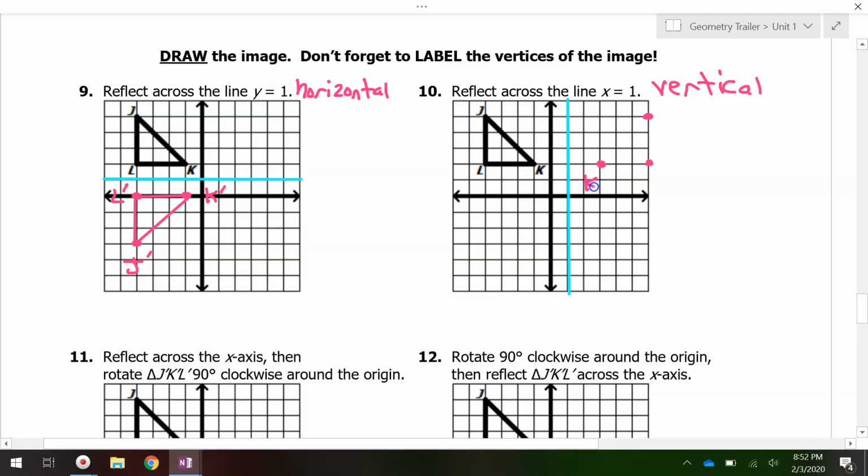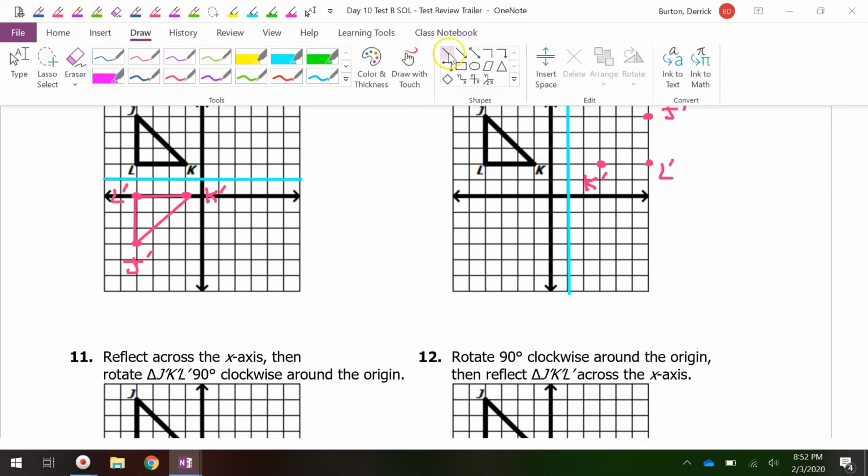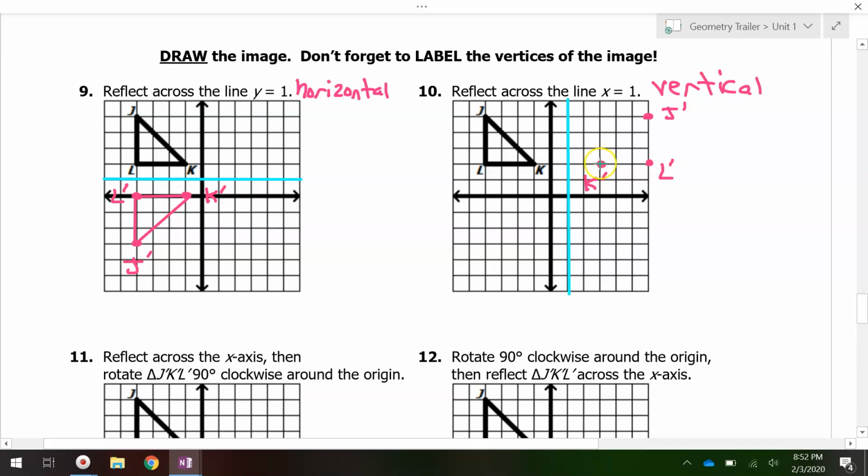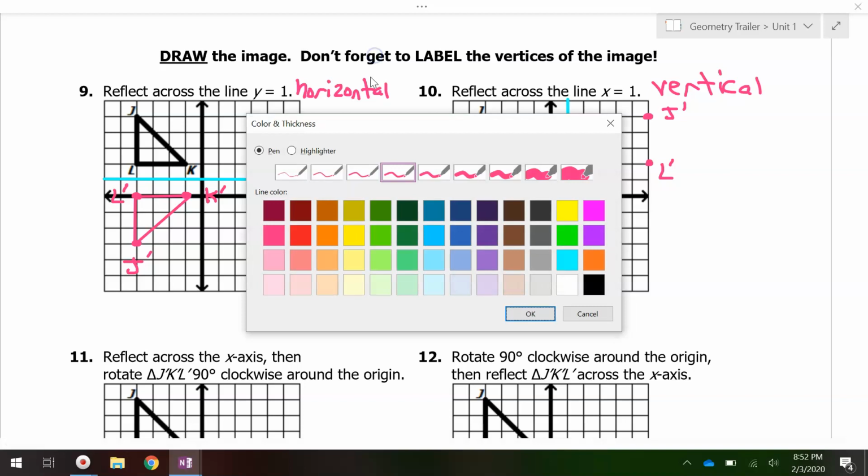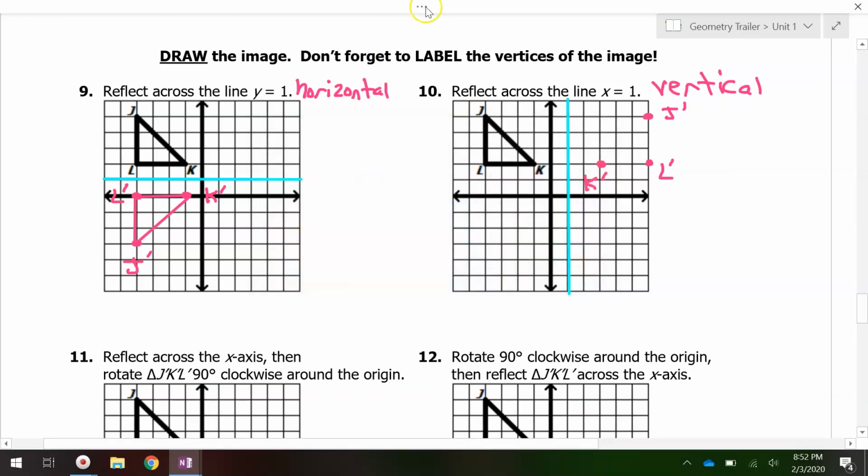So here I have K prime, L prime, and J prime. I have a feeling this is going to be a blue line again. Let me fix that ahead of time for once. Okay.